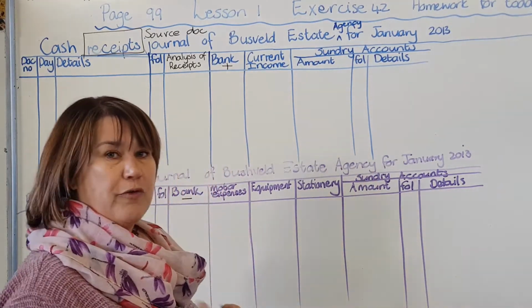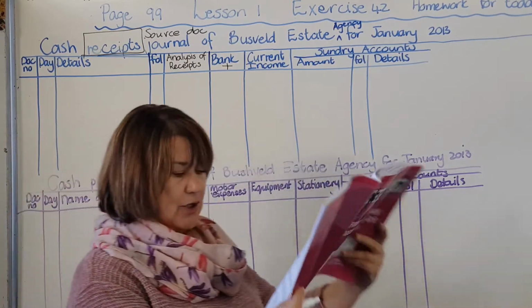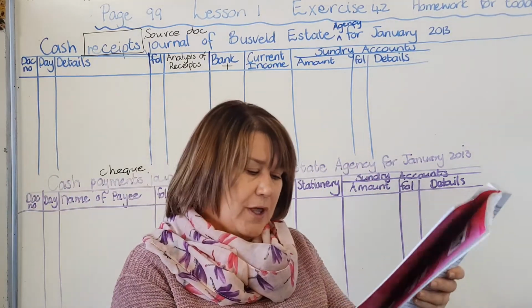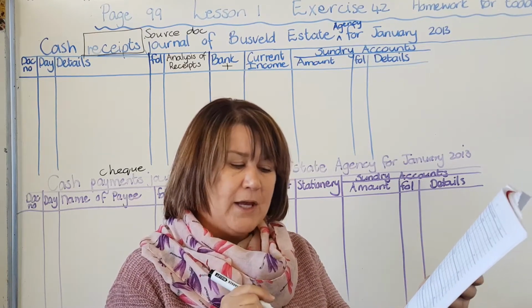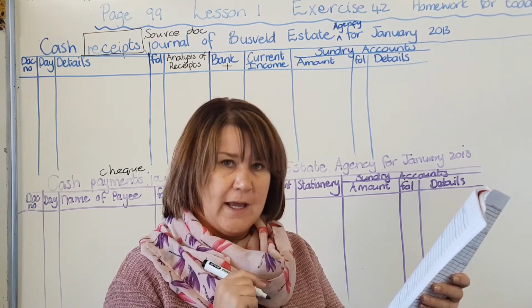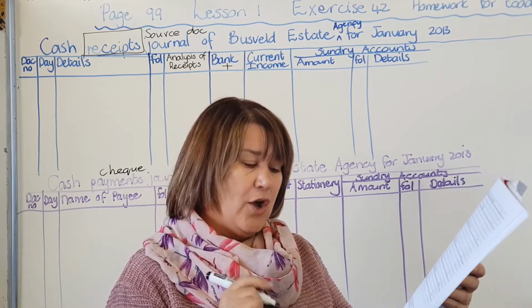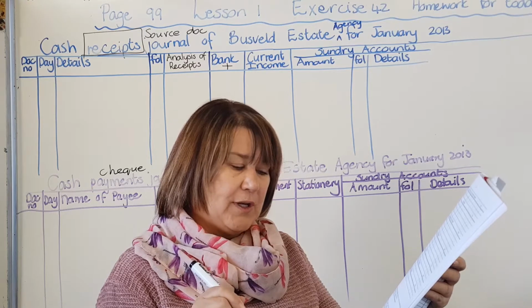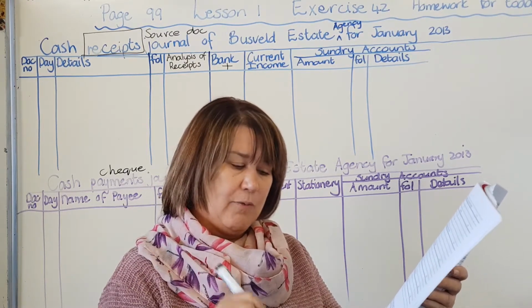So let's start with the first transaction. The first transaction reads, on the 5th, bought a vehicle from Harper Motors and paid with check number 40, 118,000 Rand. Okay, so Harper Motors, that's the company we're going to pay, we bought from.